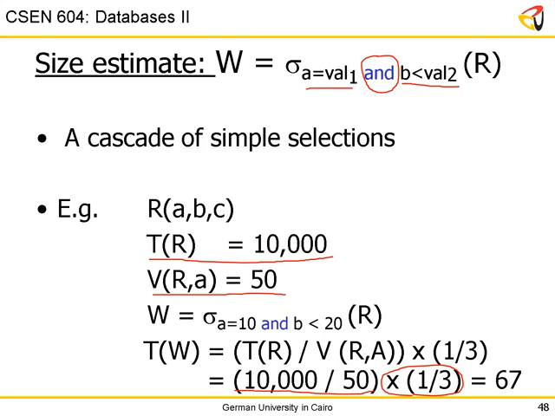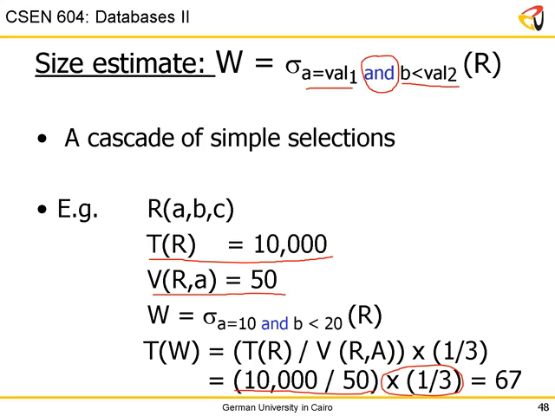So I'm not going to do the 1/3 on R, I'm going to do the 1/3 on the result set coming from this first term. So it's going to be 1/3 multiplied by 1 over 50 multiplied by 10,000. That's why I have it multiplied by 1/3.